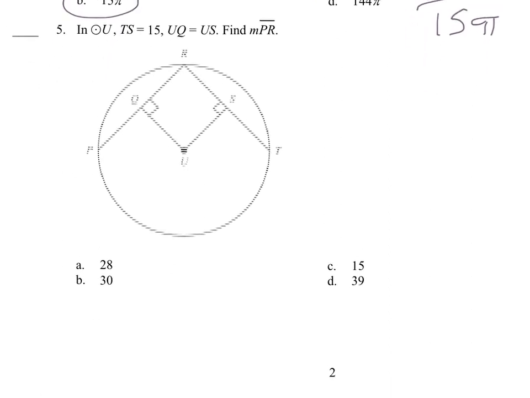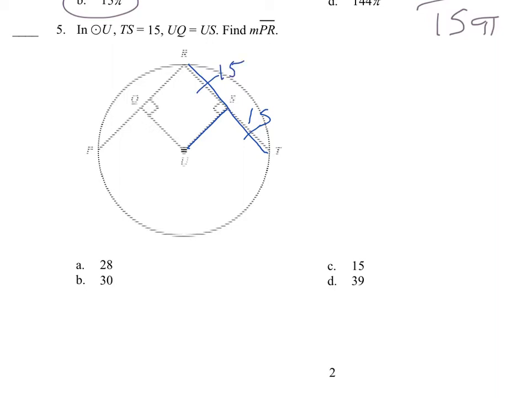Okay, number 5. In circle U, we have TS equaling 15. If this radius is perpendicular to it, it means that they're both congruent, so this is also 15.